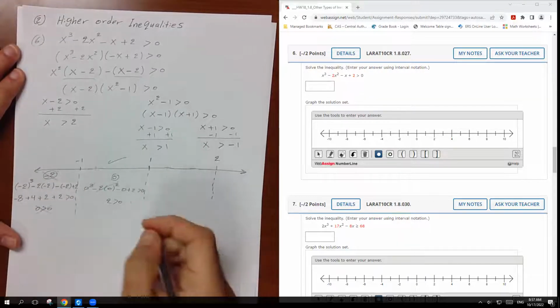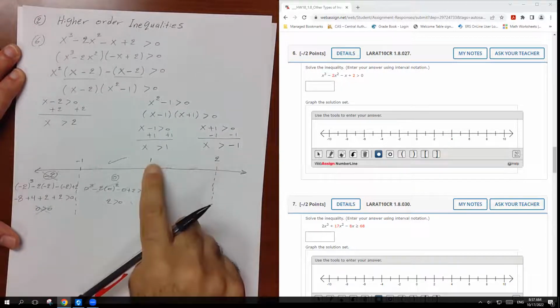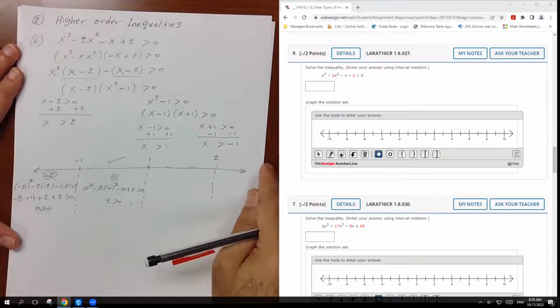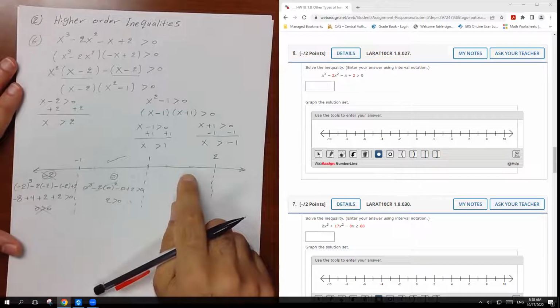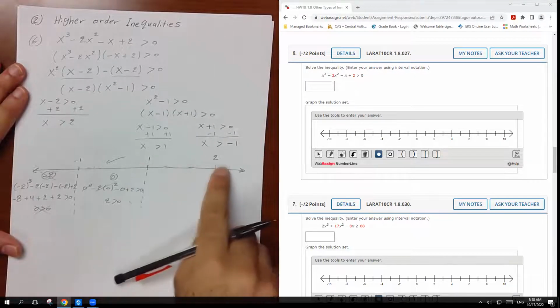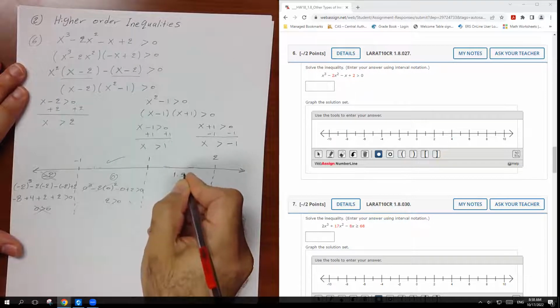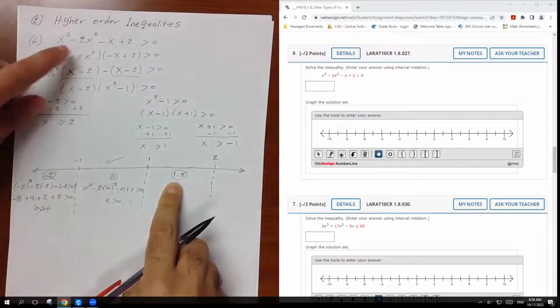Let's check the third one. You're going to pick a number between 1 and 2. In this case, there's no whole number between these two numbers. So in this case, I'm going to pick 1.5. Plug in 1.5 here.